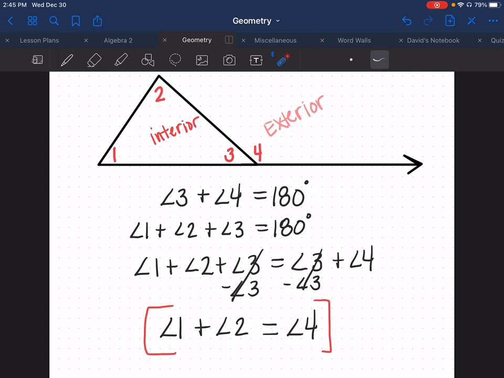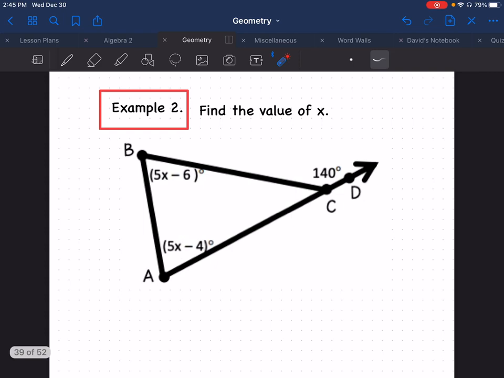Let's go ahead and apply it, and then we'll be done with our review. So here's my example 2. Find the value of x. So I just have to look, where's my exterior, where's my interior? Well, here's my exterior, here's my interior. My exterior angle, I'm going to call angle 4, and I'm going to call the one right inside next to it angle 3, and I'm going to call them 2 and 1, and it doesn't matter which way I put 1 and which one I put as 2.